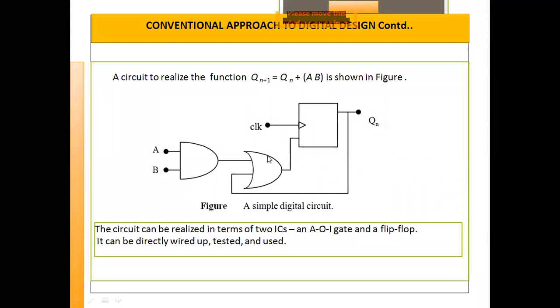This total thing is AOI, and OAI will also be there, OR-AND-Invert, and the flip flop is also there.